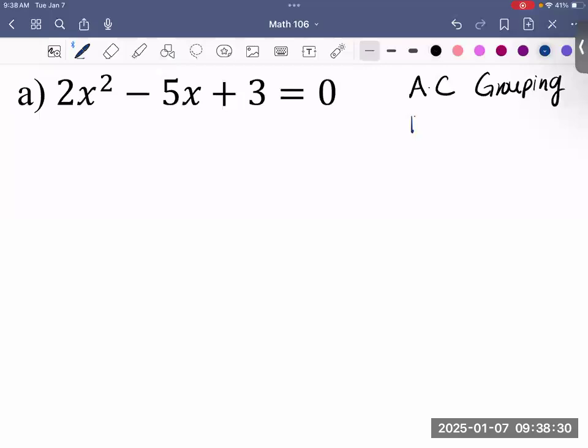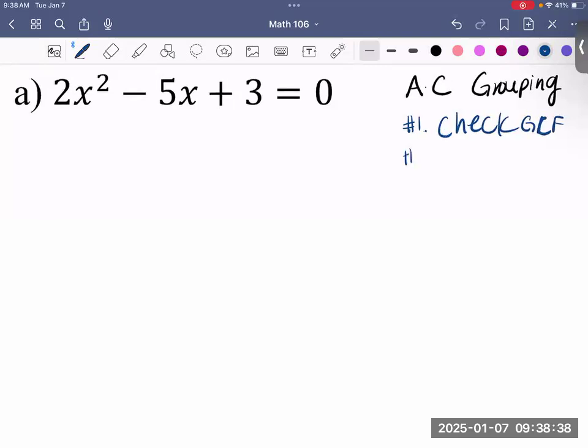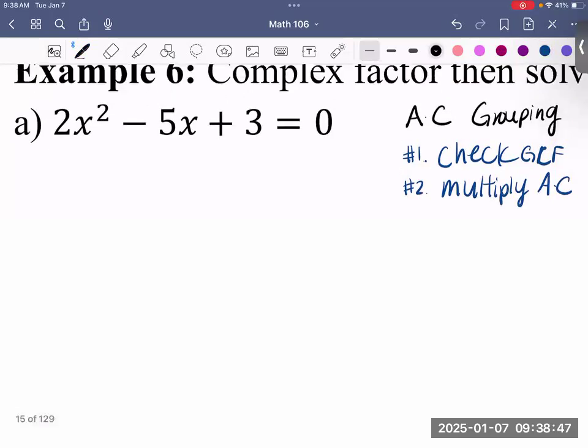So AC grouping. Step 1, check for a GCF. Do we have a GCF? No. So step 2, multiply A times C. Again, ax squared plus bx plus c is equal to 0.